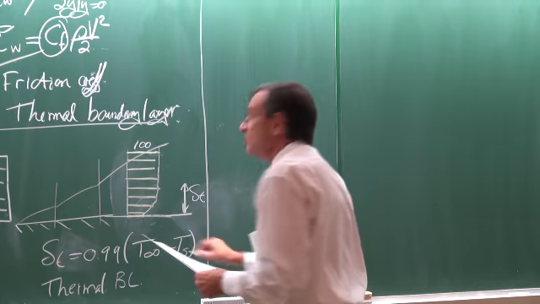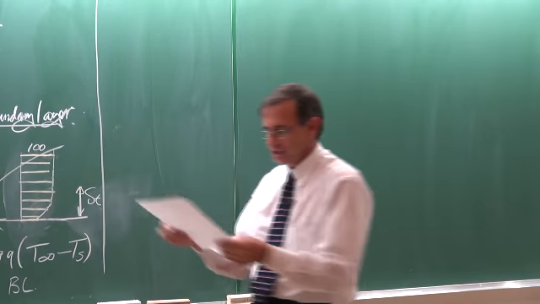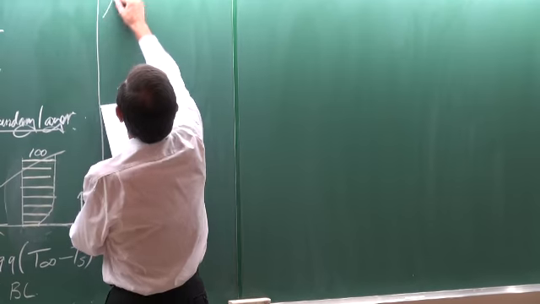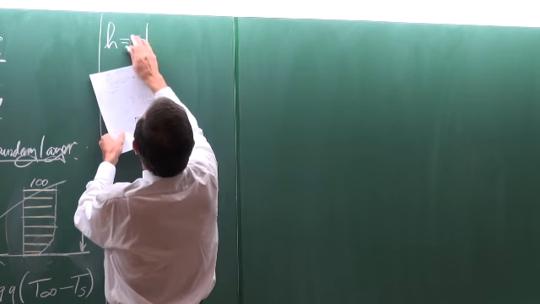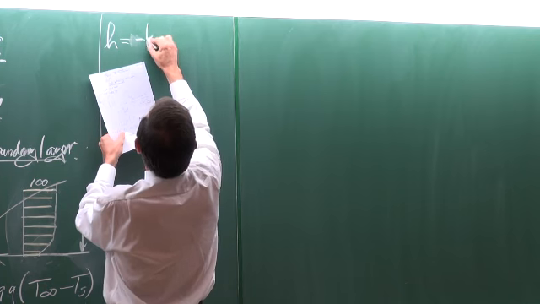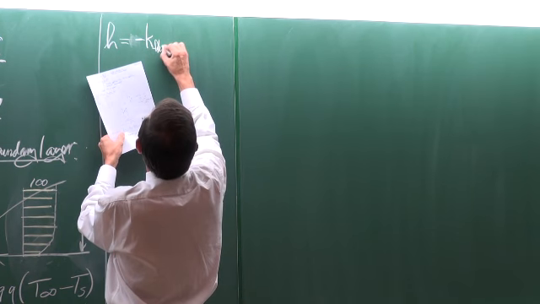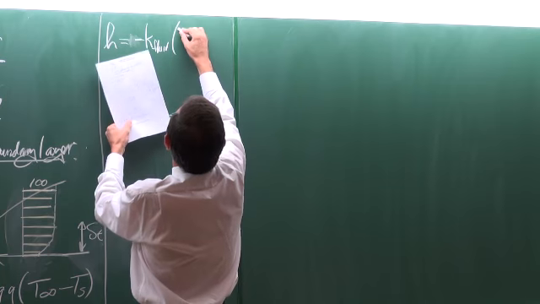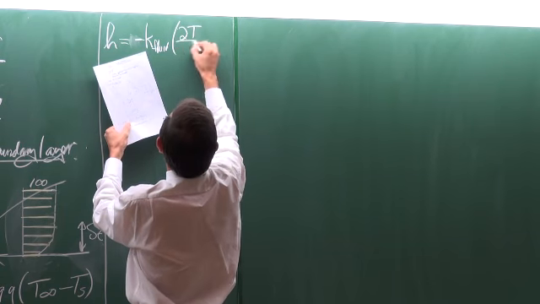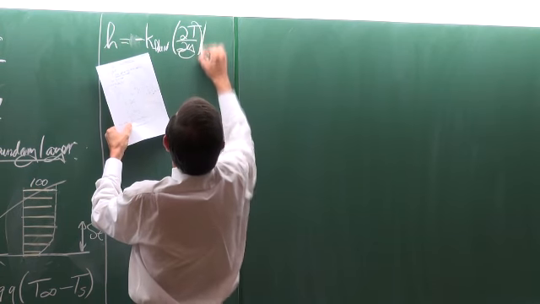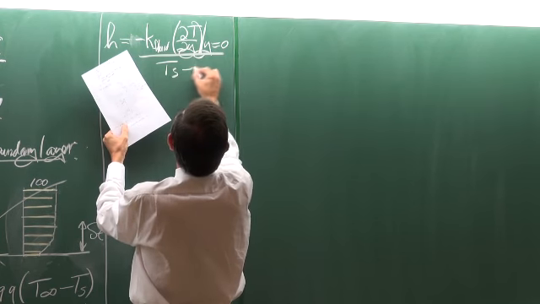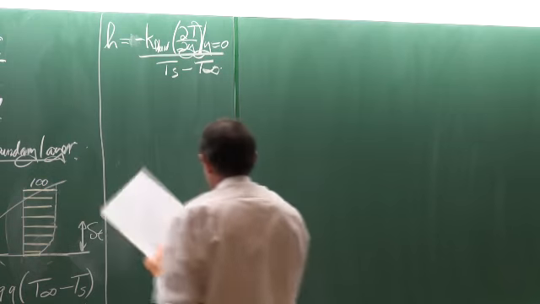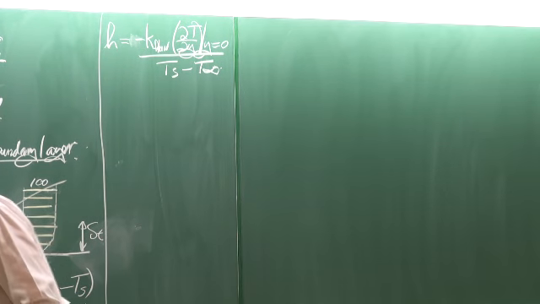In terms of what we derived in the previous lecture, the heat transfer coefficient is equal to minus K of the fluid multiplied by partial dT dy, where y is equal to 0, divided by Ts minus T infinity. So guess what?